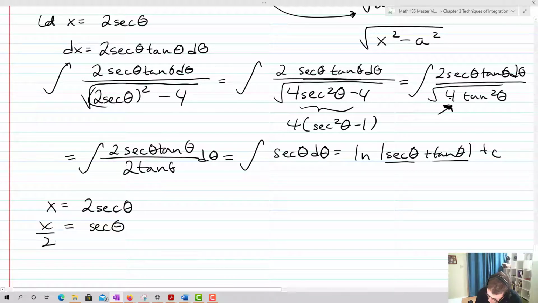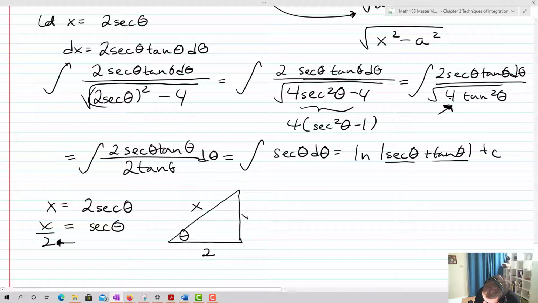That's great. And now I'm going to draw my triangle to figure out what tan theta is. So if secant theta is equal to x over 2, that means the adjacent is my denominator, so the adjacent is going to be 2, and x is going to be my hypotenuse.